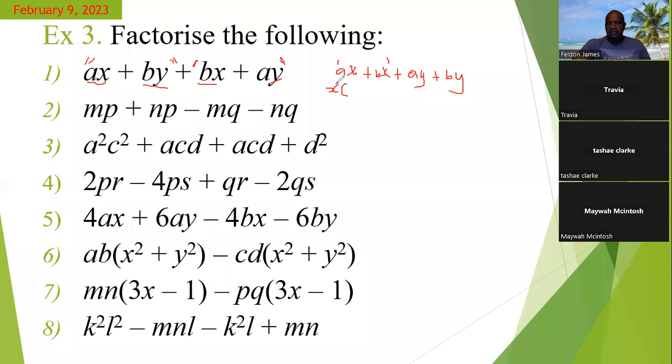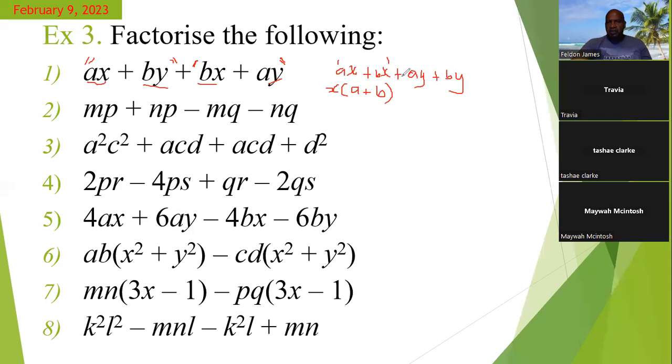AX divided by X, the X cancels, leaving A. So we put the A in the bracket. Since we're factorizing this pair, we keep the plus sign in the bracket. Then we divide the next term, BX, by X. The X cancels, leaving B. Then we close that bracket.